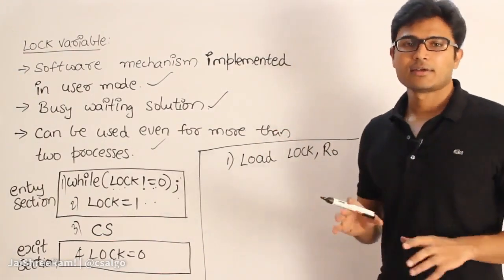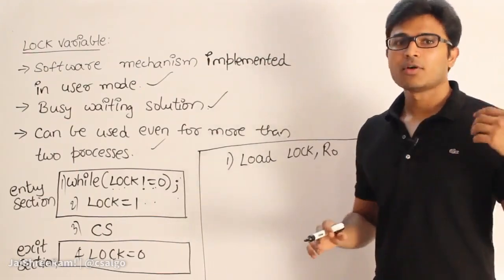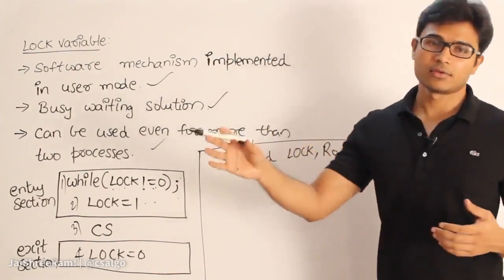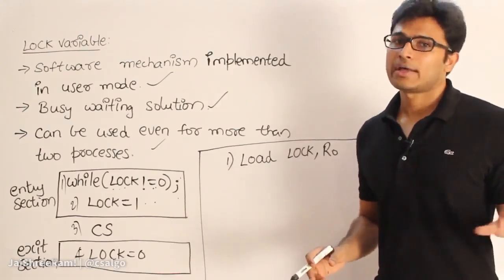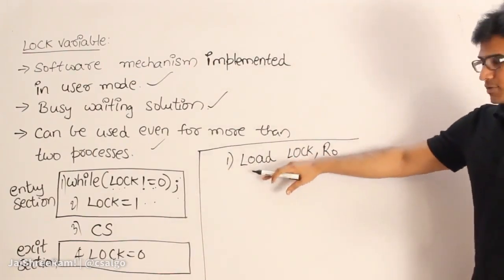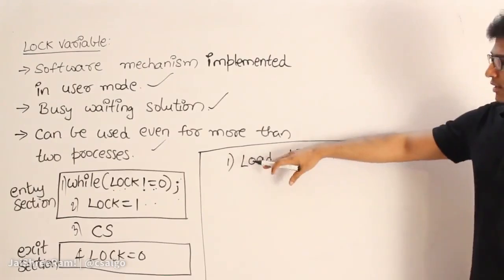I'm just writing it in a generic way. So these instructions might not belong to any particular assembly language, but there will be instructions similar to these in every assembly language, and they will be generated in place of these.